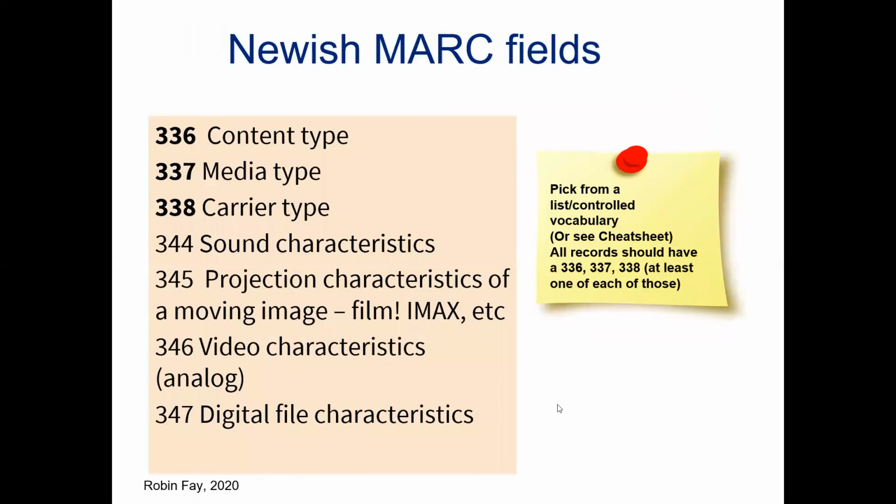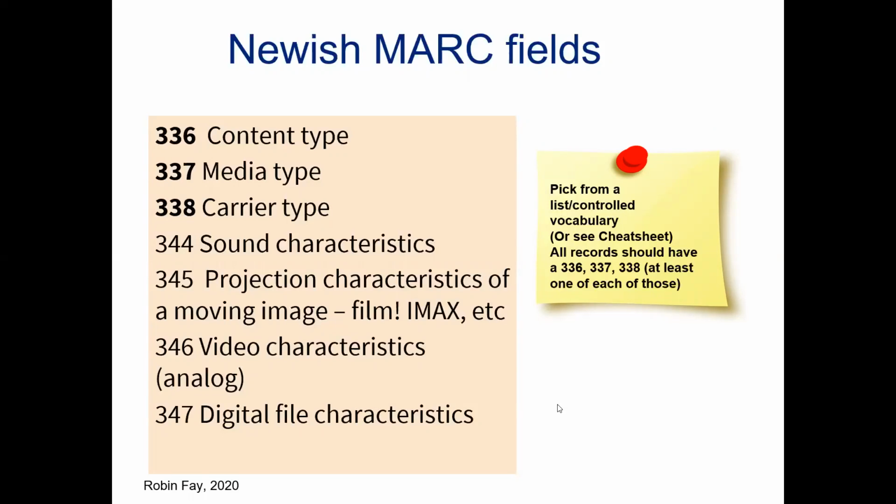We have some newish MARC fields, and we'll look at a lot more of these in the next coming session. These are things we are going to pick from a list or a controlled vocabulary. I have also given you a cheat sheet that you can look at. All records should have a 336, 337, and 338. These fields are repeatable, but they should have at least one of each of those.